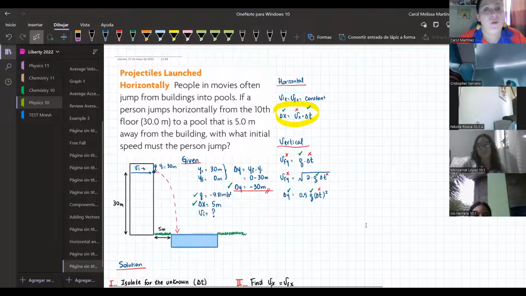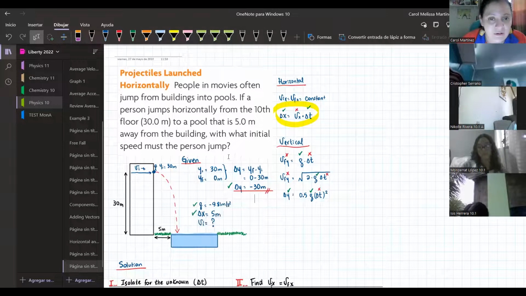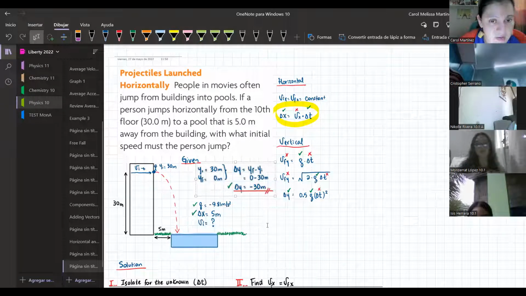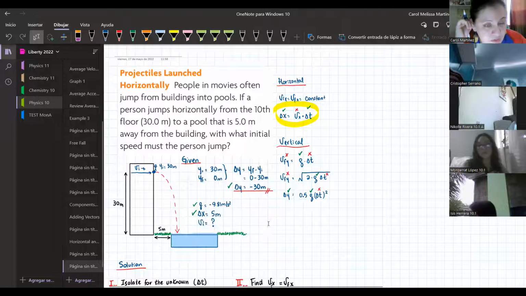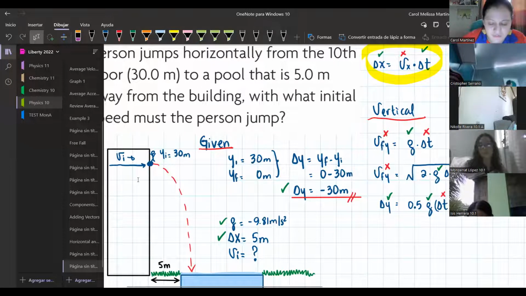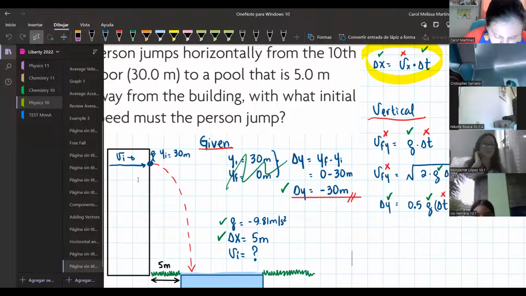Just remember to be careful while you write the givens. I think you don't pay too much attention to this step, but this step is key. When you calculate delta y, when you analyze the position of the person, this part of the process is key. Because, as I told you, imagine that you read that the height is 30 meters, and by mistake you don't do this, and instead you just say that delta y is 30 meters.